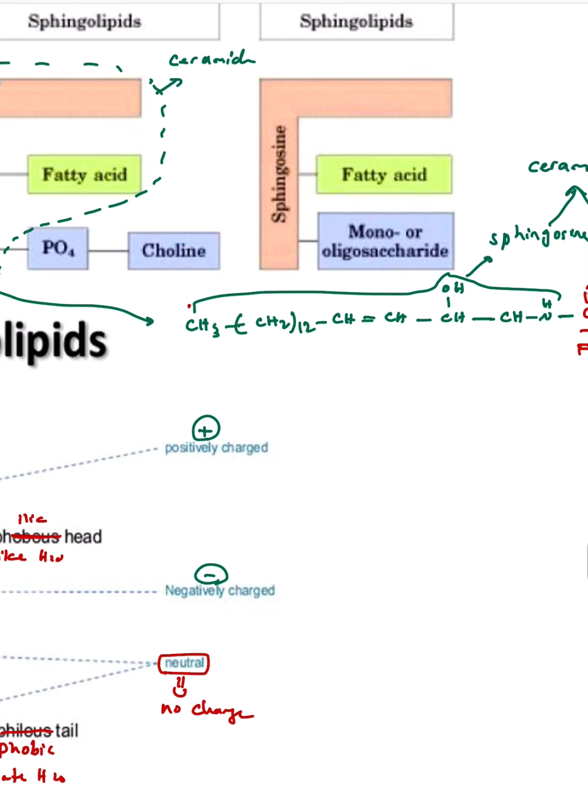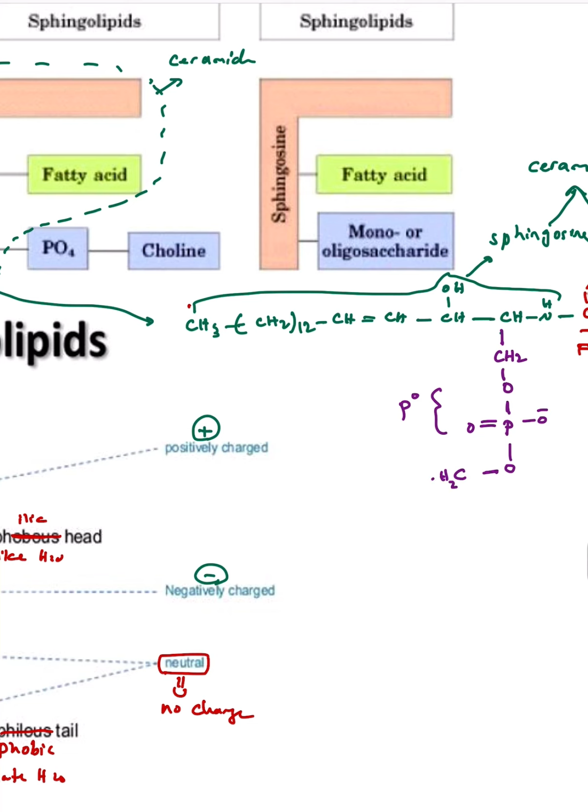Okay, ceramide. And as you see here, from CH we can continue with CH2, like glycerol, CH2O phosphate group, which binds to the choline.